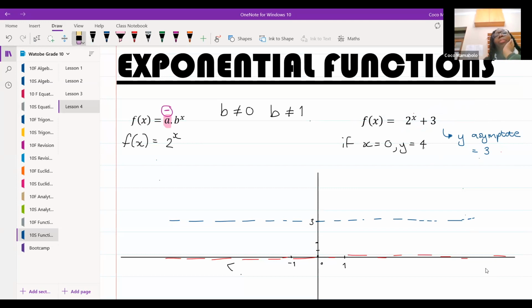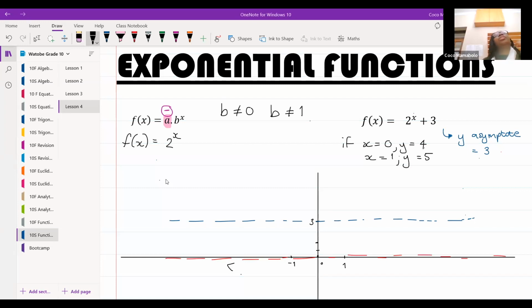Okay. And what about if x is equal to 1? If x is equal to 1, what is y equal to, guys? Liabona, don't forget to add 3. Good. It's equal to 5. So 2 to the power of 1 is 2 plus 3 is 5. So y is equal to 5.